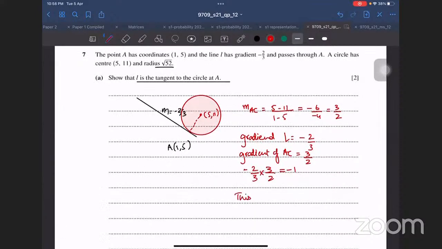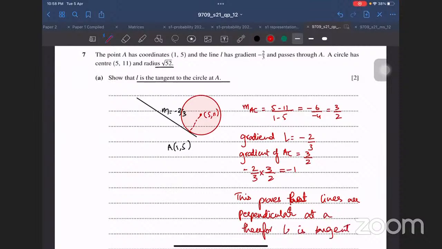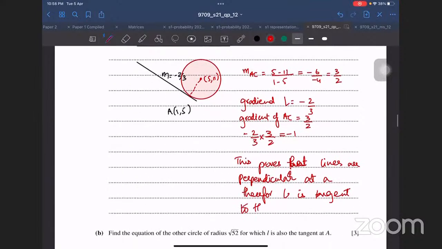This proves that the lines are perpendicular at A. Therefore, L is tangent to the circle at A.